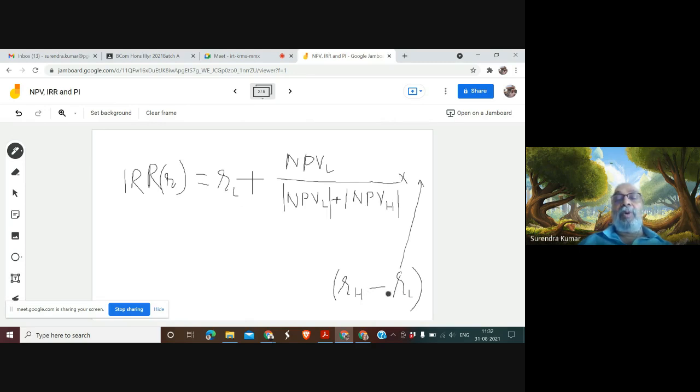So from this formula, we know that even if the difference is more than 1%, we can apply this formula. But in this example, we have been able to calculate the net present value for two close discount rates, that is 10% and 11%.